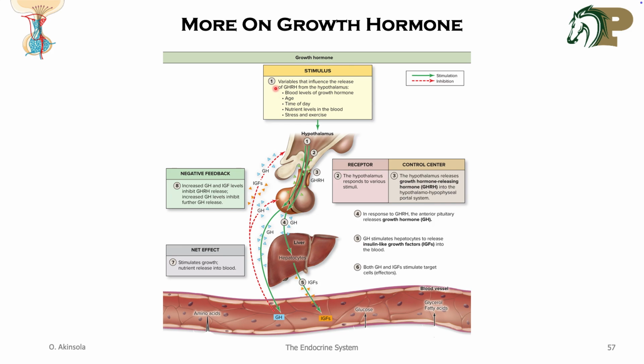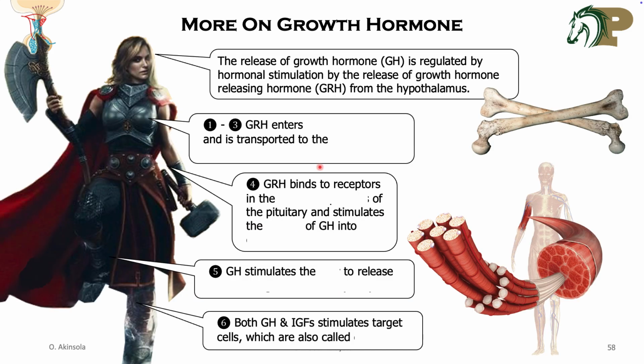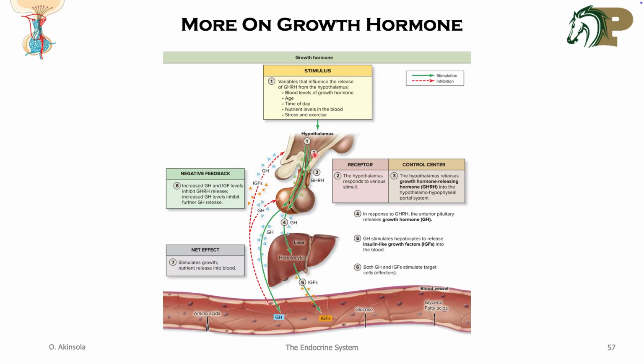What we see happening in 1, 2, and 3, which is right in here, is GRH entering venous circulation and being transported to the anterior pituitary. I'm going to go back here real quick. You see that right there.